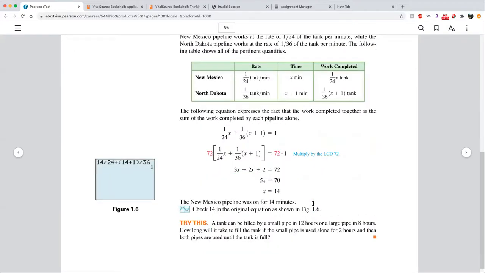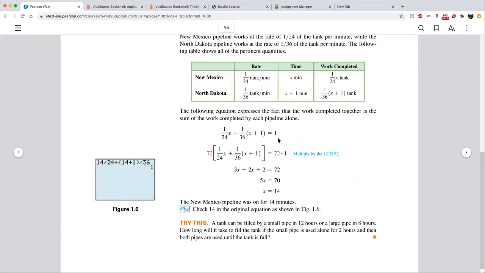So now we sum up, since they work together, right? So 1/24 times x plus 1/36 times x+1 should be 1.